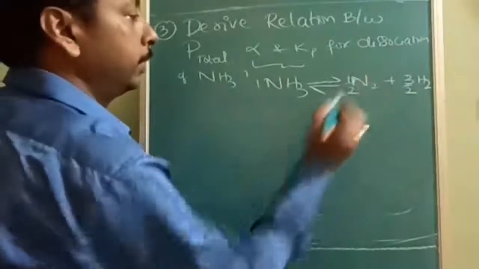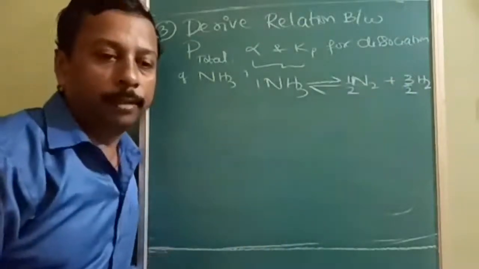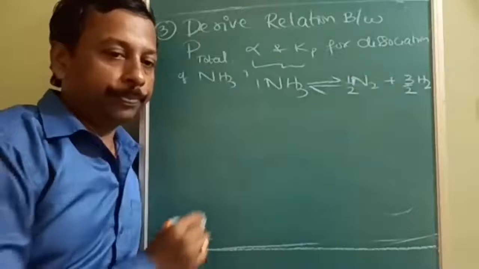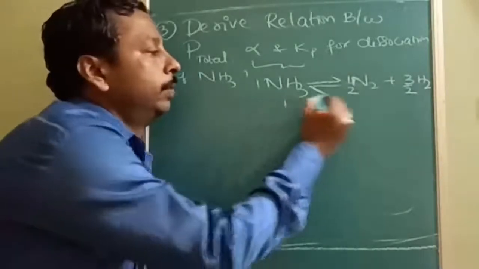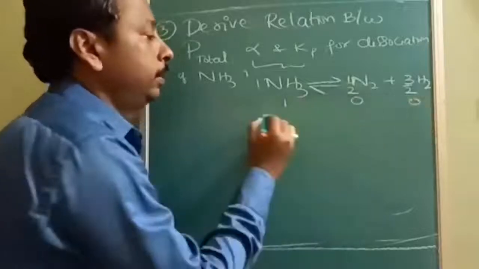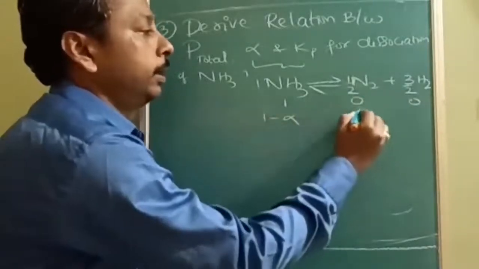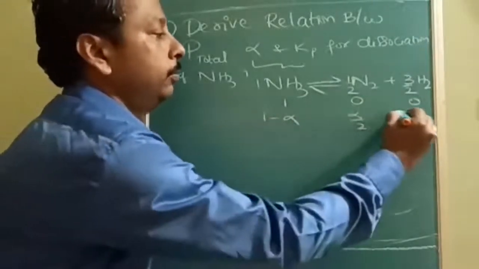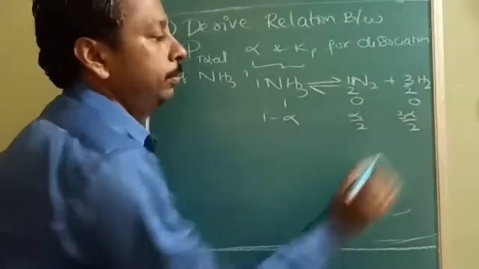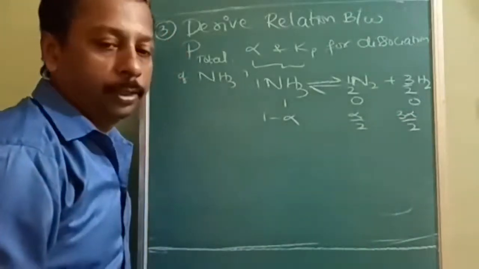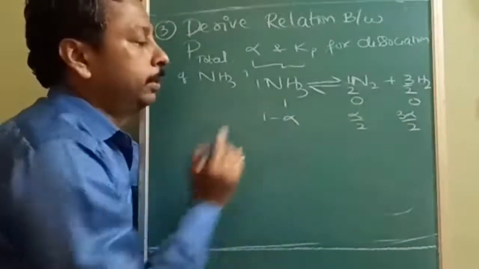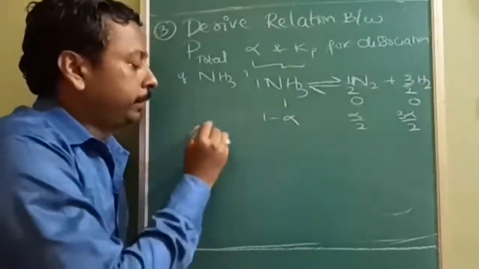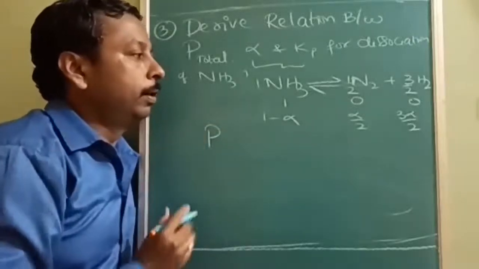That's why I clearly told to keep it 1 mole. Now this is 1 mole, this will be 0, this will be 0. 1 minus alpha, it is going to be alpha by 2, and this is going to be 3 alpha by 2. Partial pressures is the main problem we have to find out.